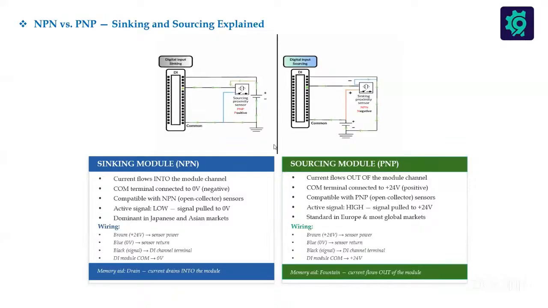If you look at this circuitry on the left-hand side for the digital input sinking, you will see that both ends of the power supply are connected to the PLC. The positive terminal is connected to one end of the PLC, and the negative terminal is connected to the common end of the PLC. Then you bring in your sensor, in this case a PNP sensor.